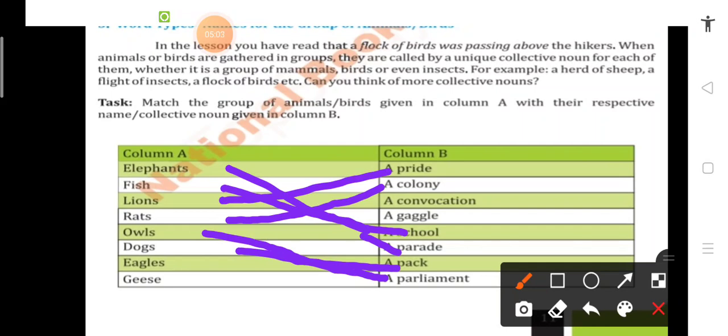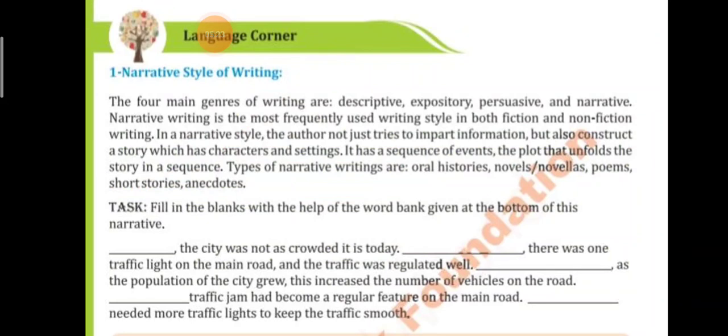Match it with a pack. Geese. So for geese, we use a word, a gaggle. A gaggle. Got it? So these all are collective nouns given for these animals. So you have to match it and you have to learn it. Well, hopefully you have understood it.